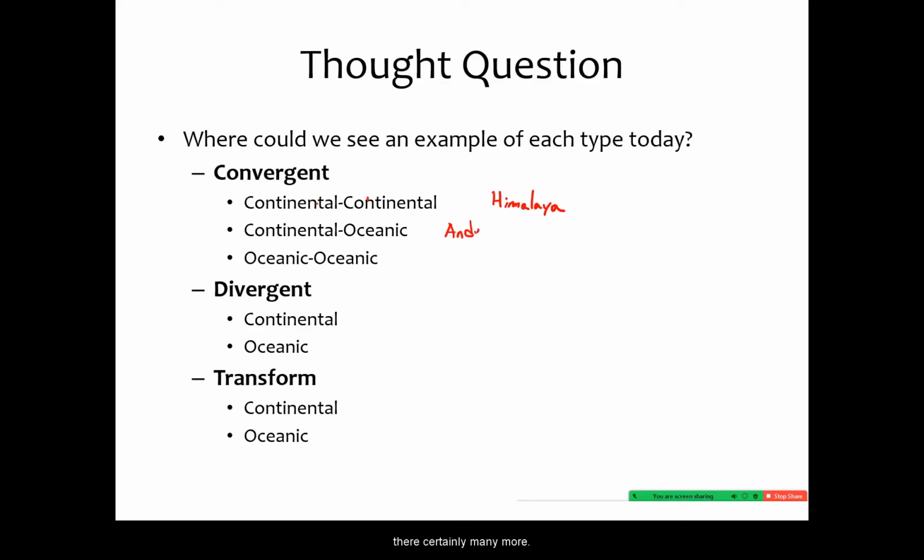There are certainly many more. Ocean-ocean convergent: there are a few places in the Pacific Ocean that match up with that. Continental divergent, the major one was the African Rift, the East African Rift, I should say. Oceanic divergent, how about the center of the Atlantic Ocean?